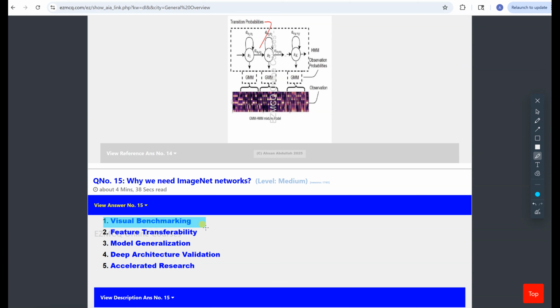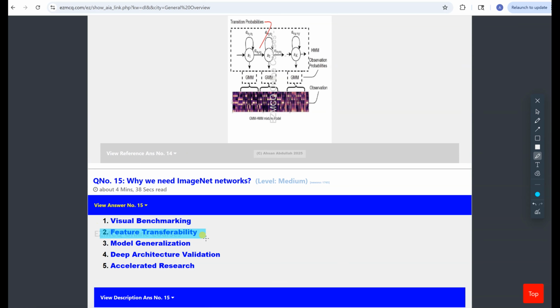That helps in consistent progress tracking, and it allows fair assessment of different architectures.